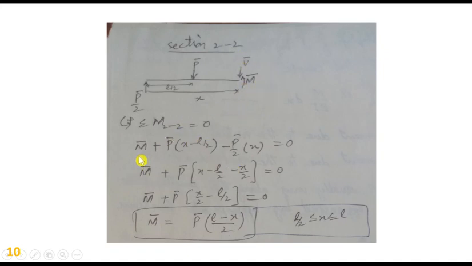Here M bar plus P bar into x minus L by 2, P bar into, this is the moment arm, that is x minus L by 2, minus P bar into this length, that is x. So M bar is equal to P bar into L minus x by 2, and this is valid from half of the length to the full length, and that is shown here, the range of x for this section 2 2.